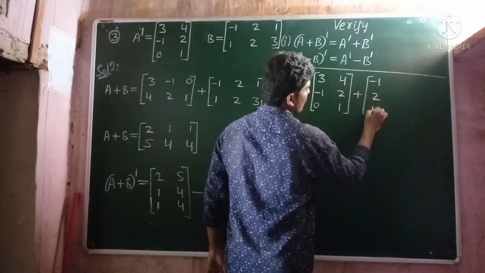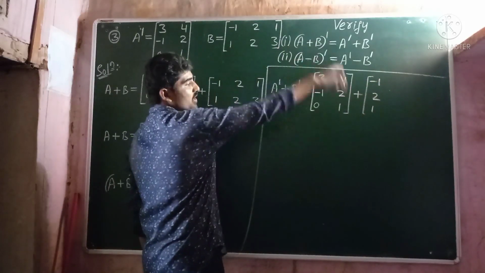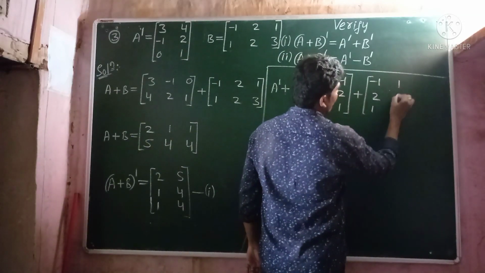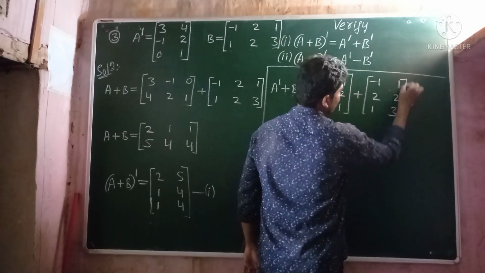And second row becomes second column of the matrix B dash. 1, 2, 3.